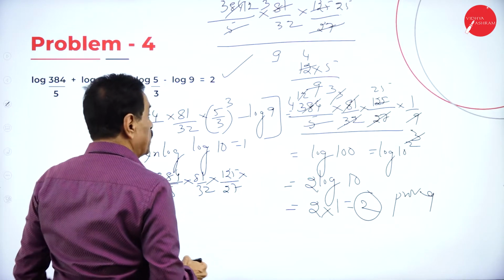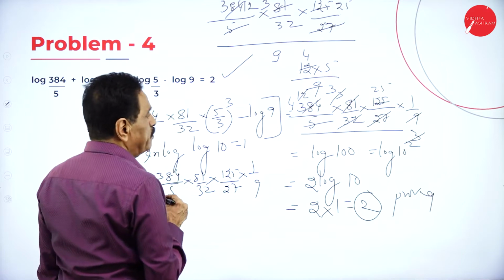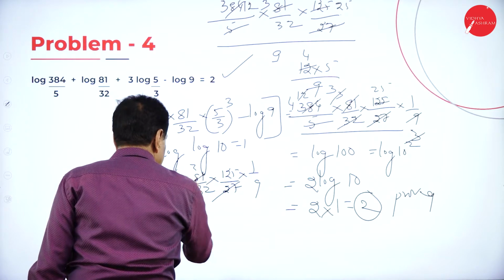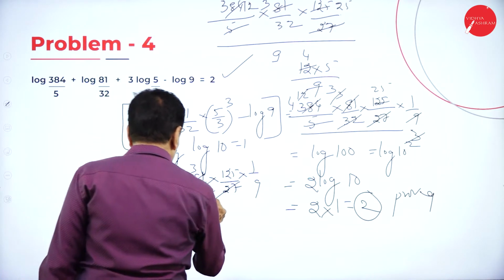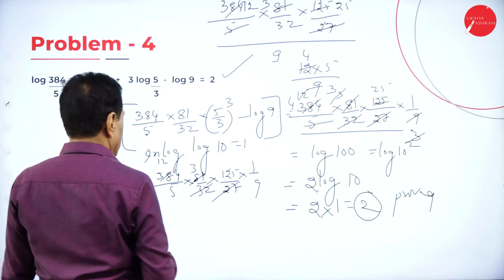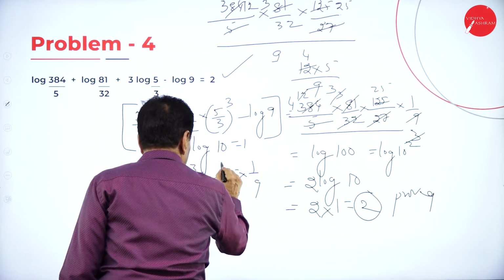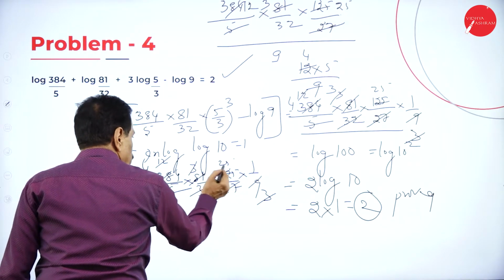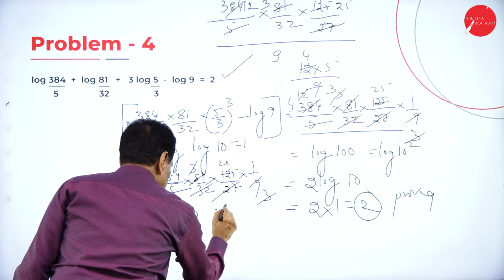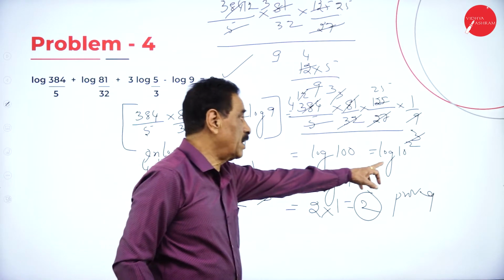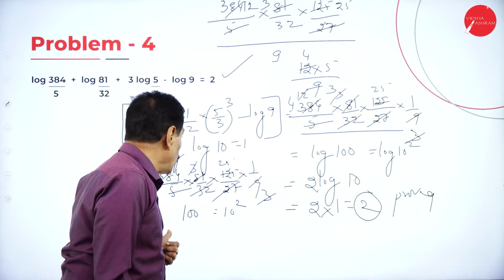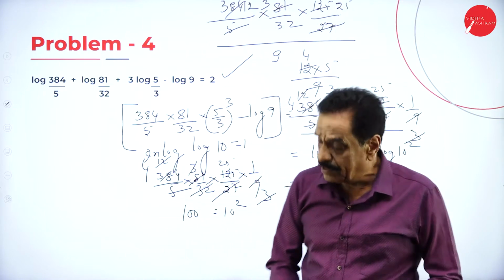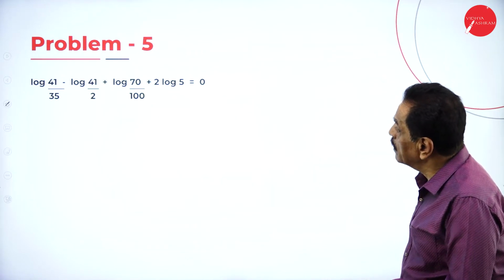So minus means division, 1 over 9. 27 threes are, 32 12s are, 5 twos are, 5 fives are, 3 threes are, 3 fours are. 25 into 4 is 100 is equal to 10 square. So log 10 square is 2 log 10. We know that log 10 is equal to 1. 2 into 1 is 2. We have proved. Then we move on to the next one.